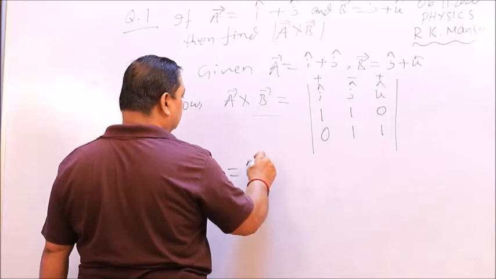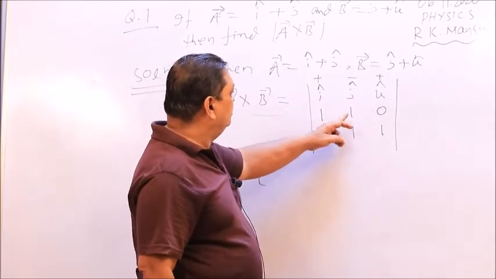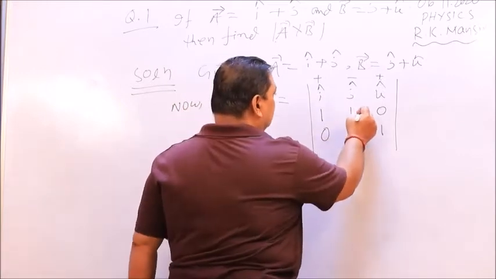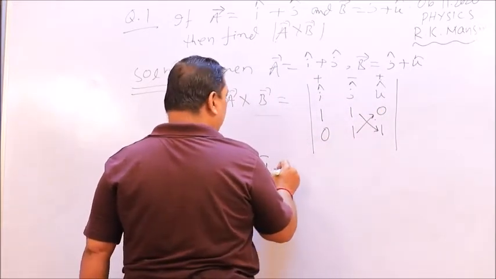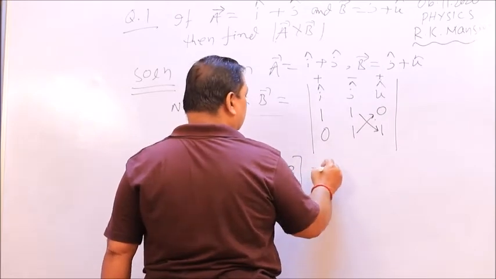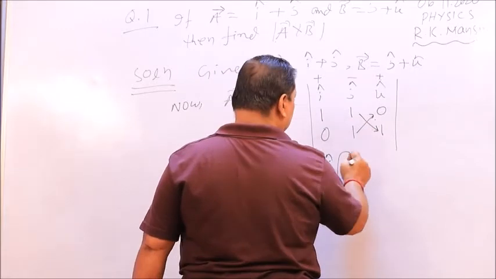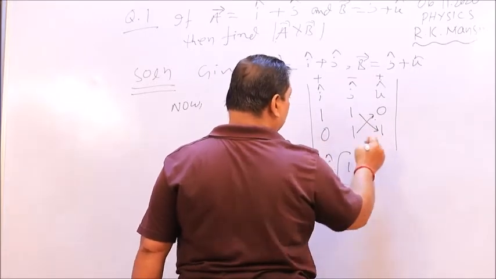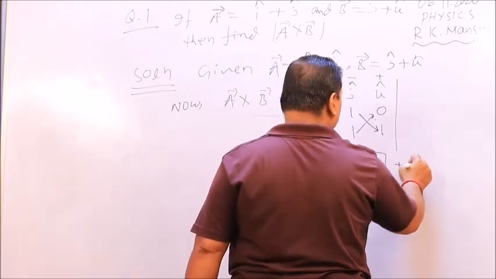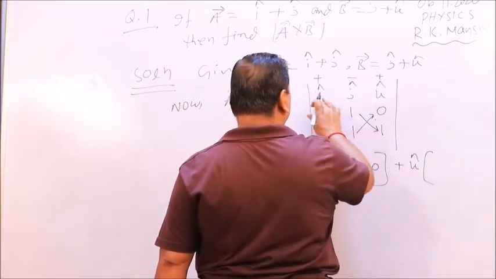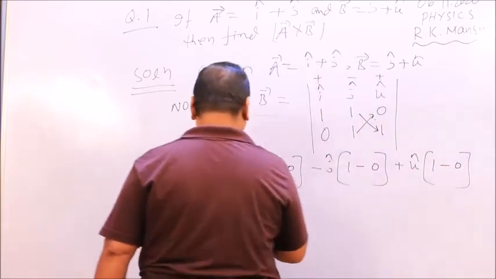Similarly, first i cap, first row, first column, so 1 into 1 minus 1 into 0, that is 1 minus 0. Then j cap, first row, second column, so 1 into 1, 1, minus 0 into 0, 0. Then k cap, first row, third column, so 1 minus 0.